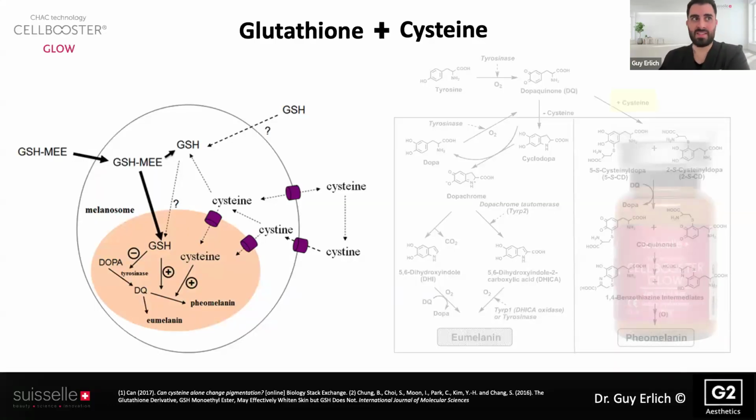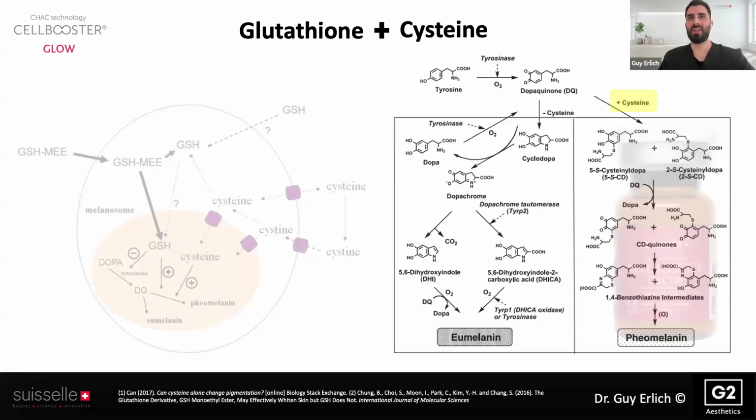But sometimes I see not only wrinkles and laxity in the skin, I see pigmentation. And when I want to target pigmentation, I need my two important helpers for decreasing pigmentation production, which are glutathione and cysteine. Because glutathione is not only a powerful antioxidant, glutathione is also involved in pheomelanin synthesis and inhibits tyrosinase activity.